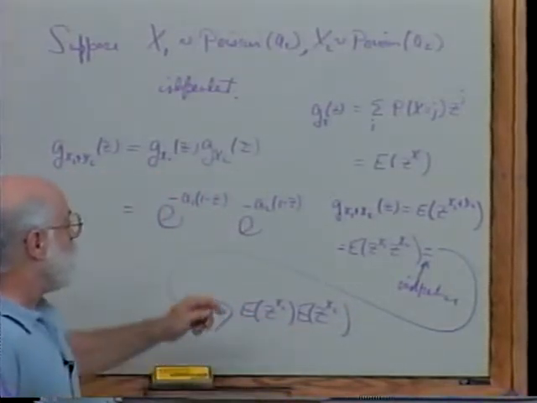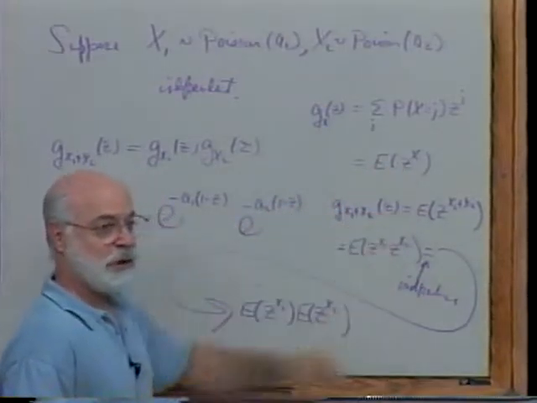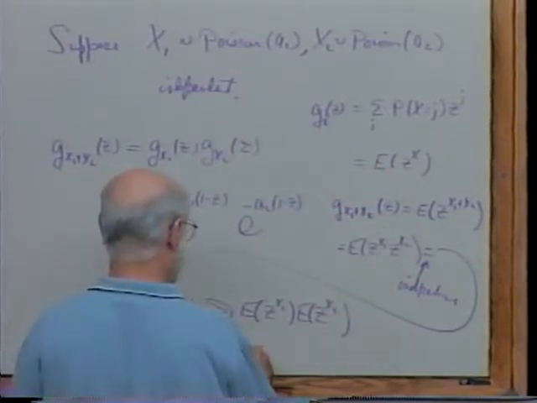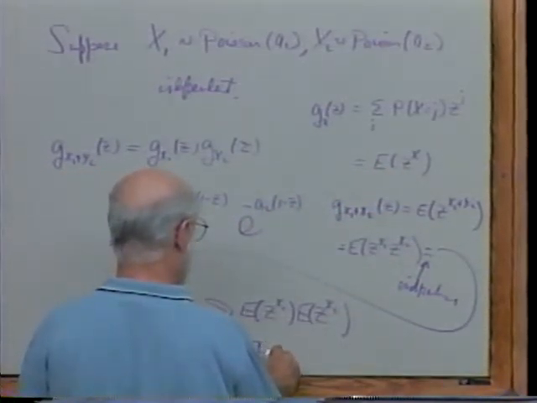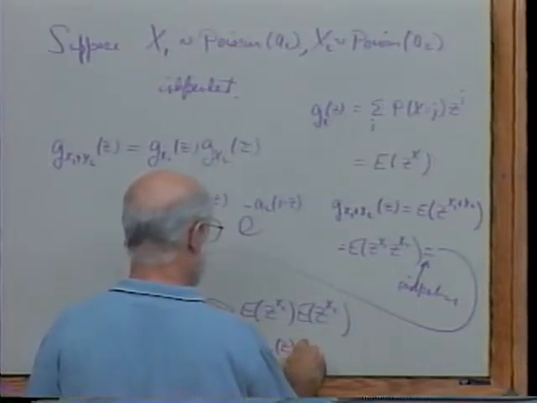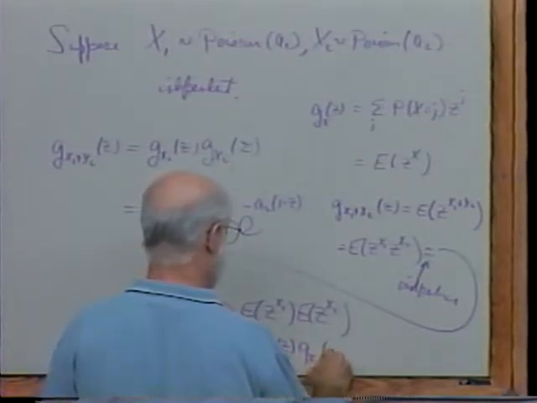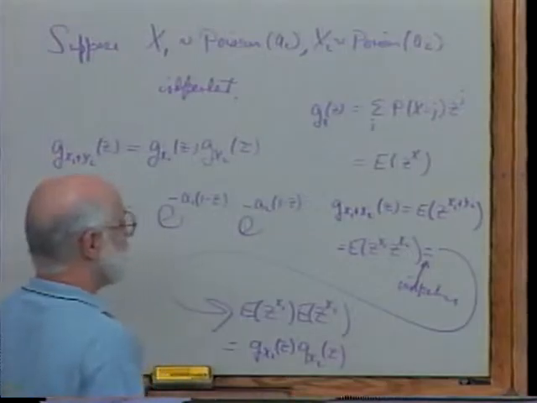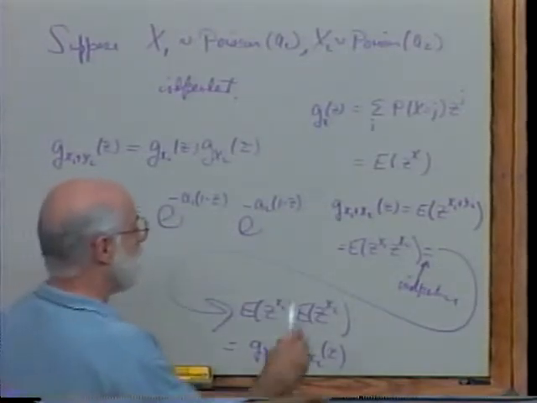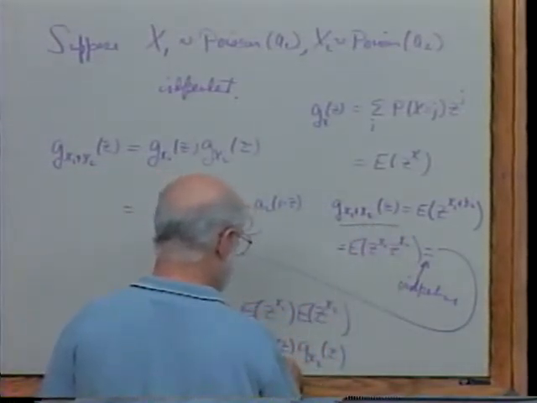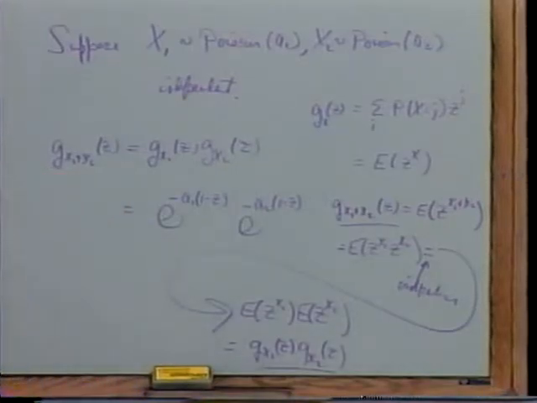But of course, since we've identified the generating function with the expected value, that's the same thing as the generating function of x1 times the generating function of x2. So that's another proof that the generating function of the sum is the product of the generating functions.